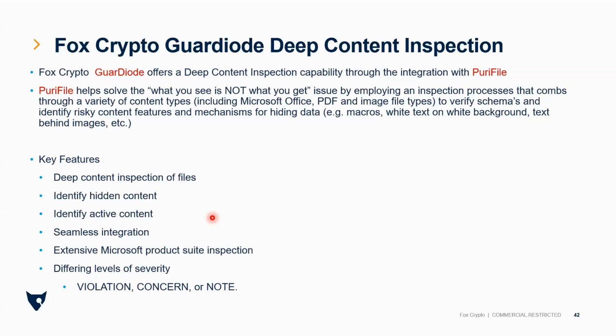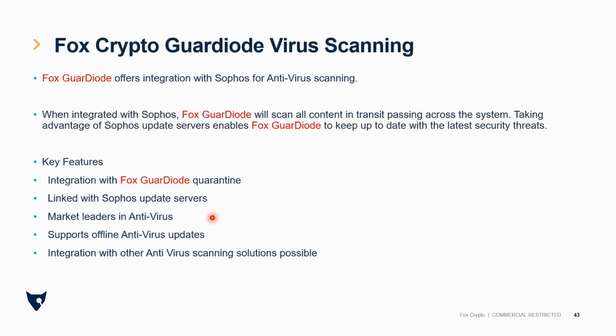But you can also do content checking. You can say, hey, in this piece of text, I see a white font on a white background. It's not visible to a human, but the computer will see it. And will say, is this allowed to pass through? Yes or no? So via that approach, you can go very far. And of course, you can also scan for viruses and malware. Out of the box, it comes with Sophos, but there are many options to integrate it with.